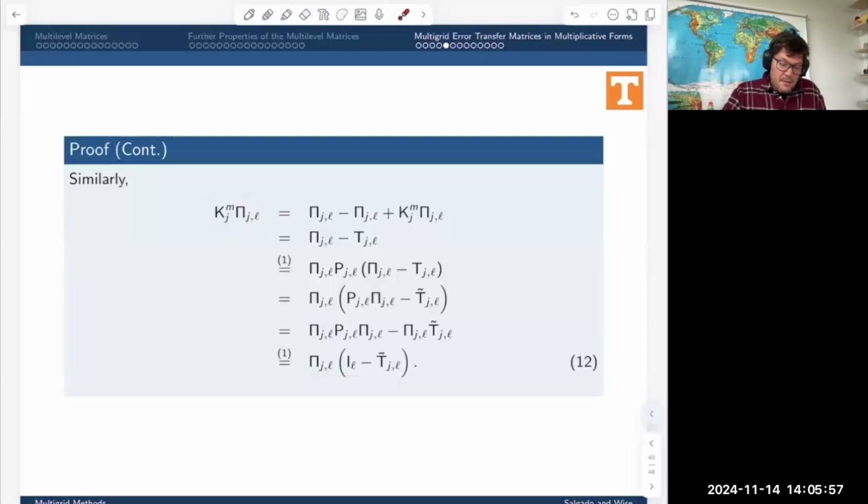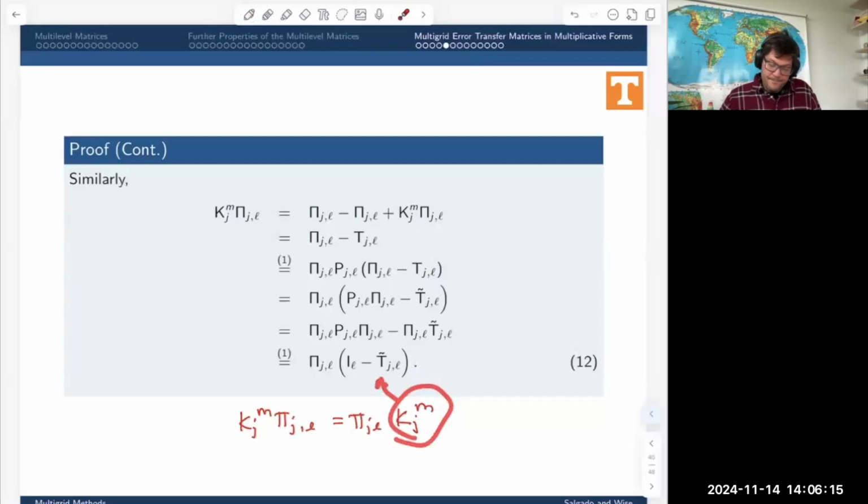So you can see if things truly commuted, then what I would get is K_J M Pi_JL is equal to Pi_JL, and then I would get K_J M over here. But see, I don't get that. I get something a little bit more complicated.